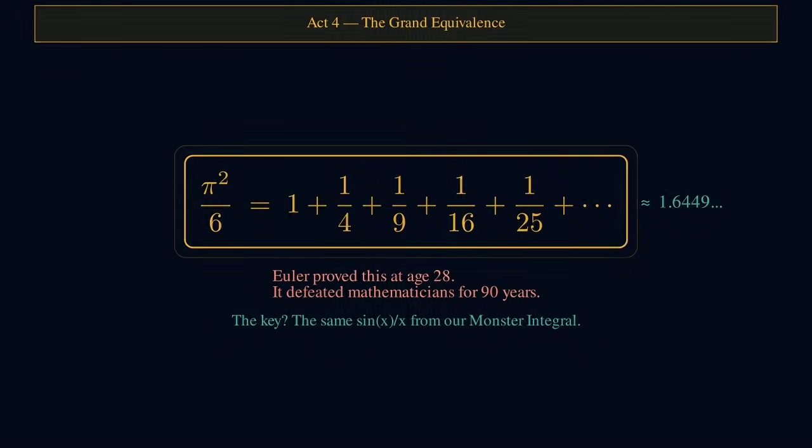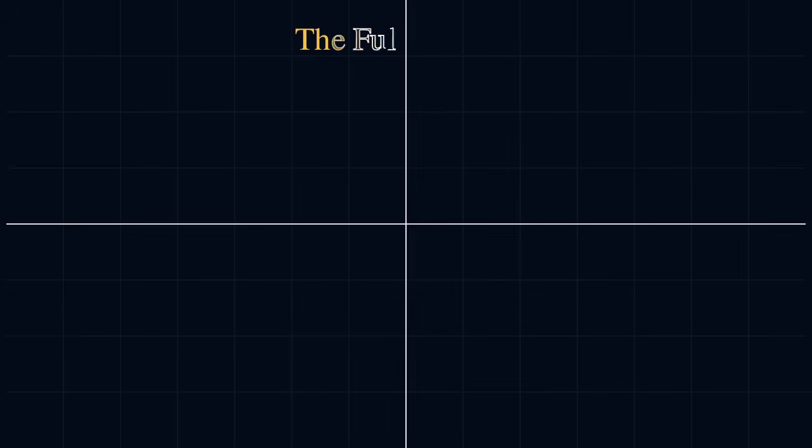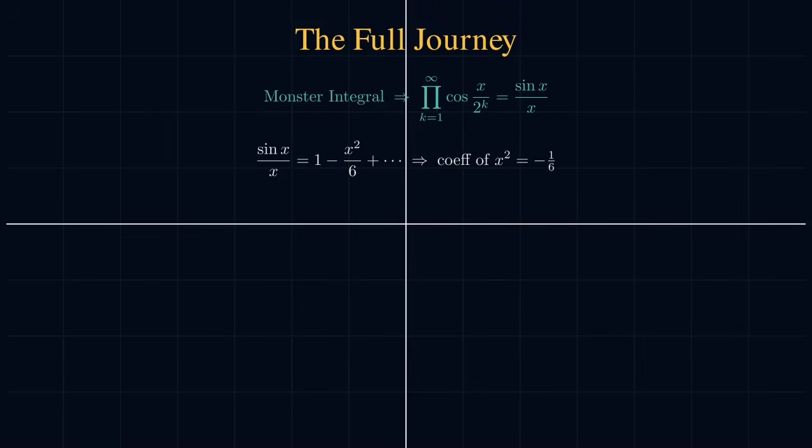Mathematics has a memory. Let's retrace the full journey. From our monster integral, we know the infinite product of cosines equals sin x over x. The Taylor series gives us its x squared coefficient, negative 1/6.